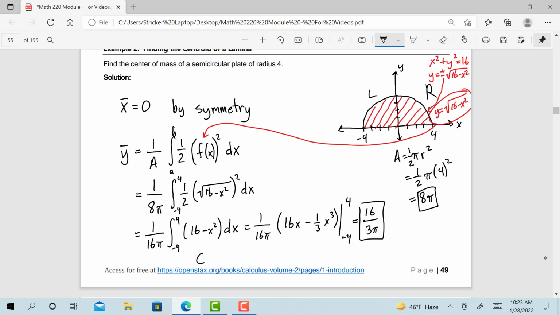which means your center of mass is going to be 0, 16 over 3 pi. Now, if you're curious about the actual value of this, the 16 over 3 pi is about 1.7.